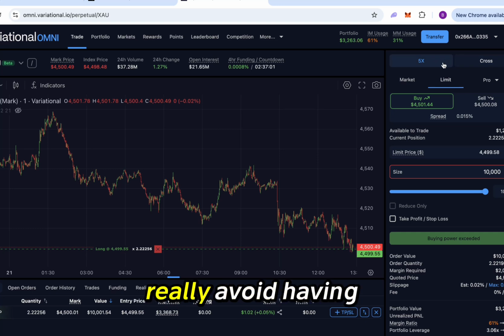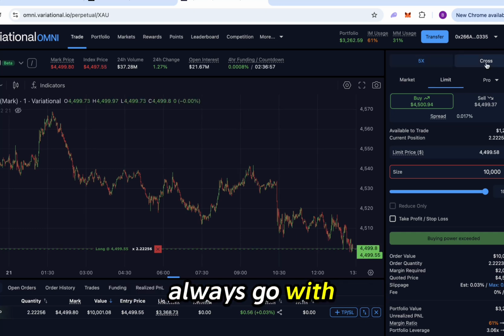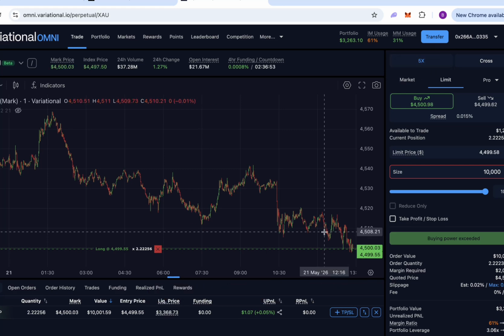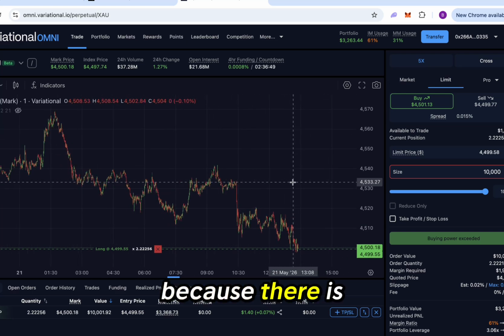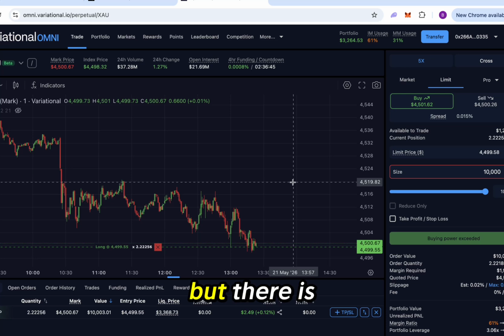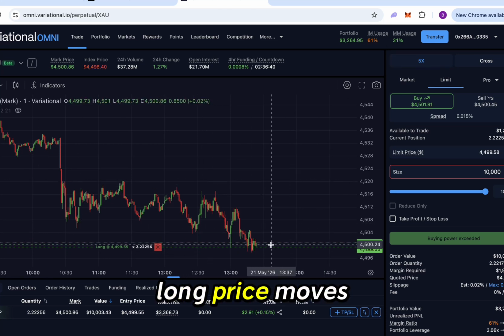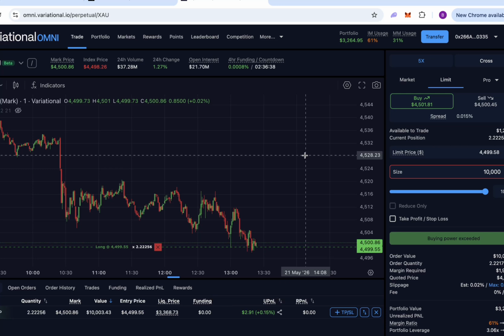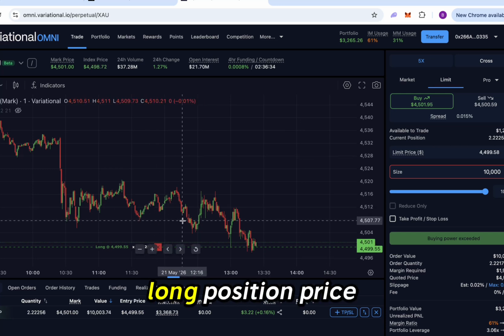You should also really avoid having different leverage settings. Always go with cross and whatever leverage you want. And keep your leverage a bit low, because there is a risk in airdrop in delta neutral trading, which is very small, but there is a risk, which is when you go 10x long, price moves up 10%, and no, this is a long position.